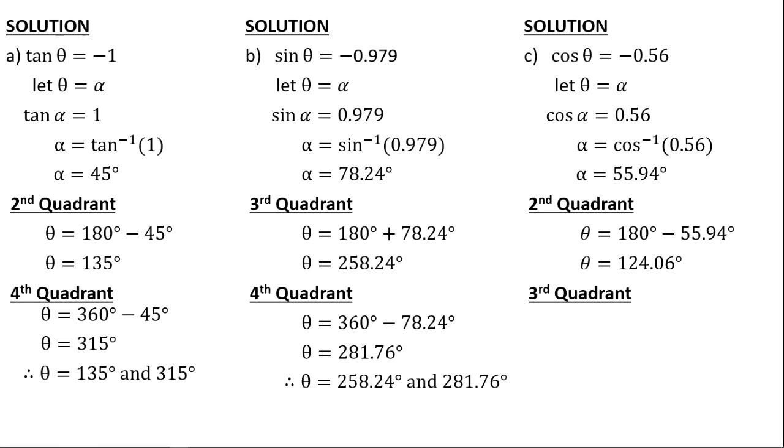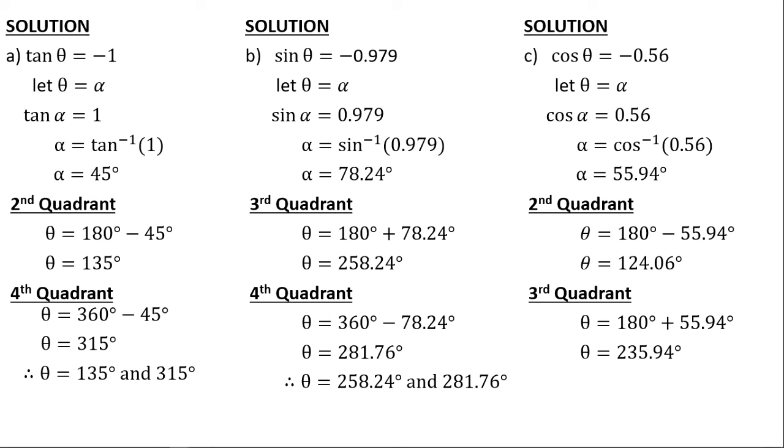In the third quadrant, theta is equal to 180 degrees plus alpha. Where there's alpha, replace 55.94 degrees. Our theta will be equal to 180 degrees plus 55.94 degrees.